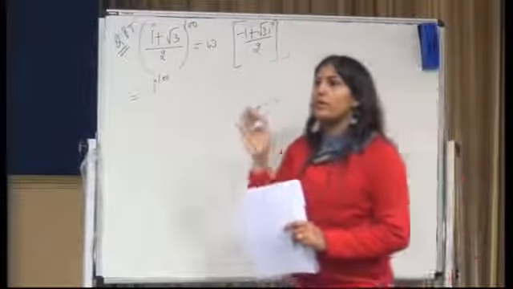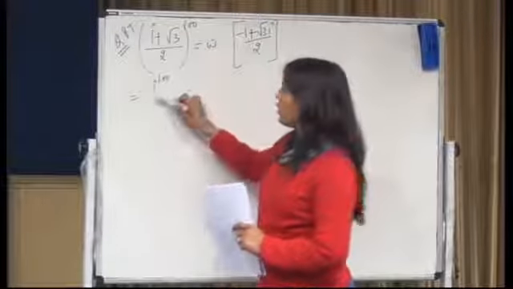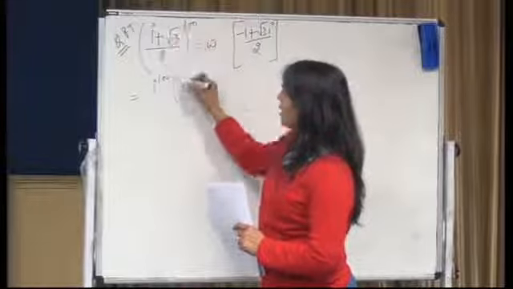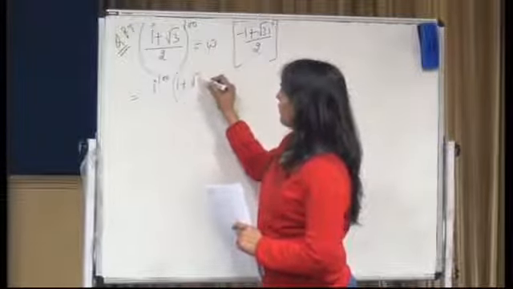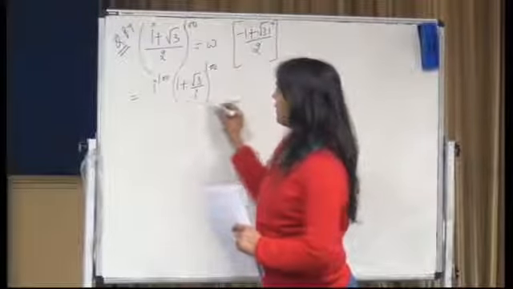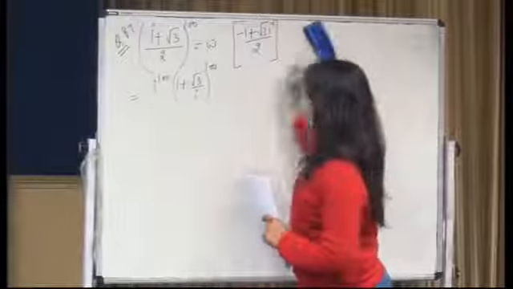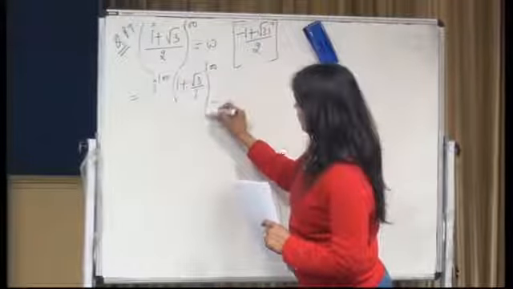So the first step should be to take out iota common. So iota to the power 100, and then this will be 1 plus under root 3 by iota to the power 100, with the 2 also kept inside, because I need it upon 2.